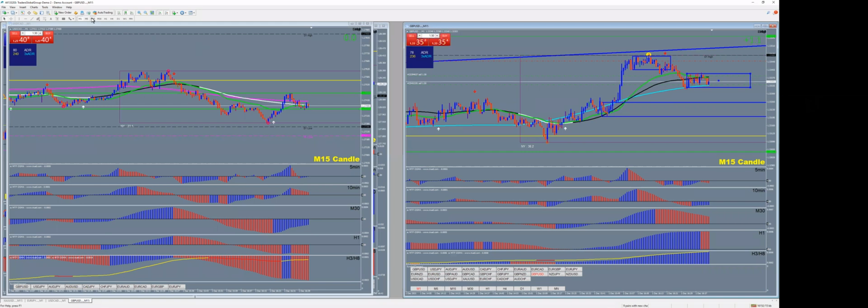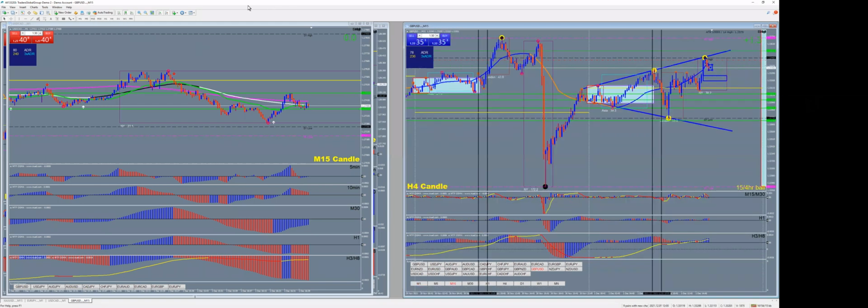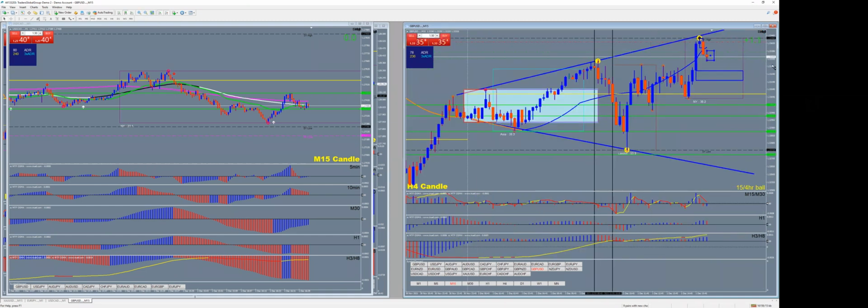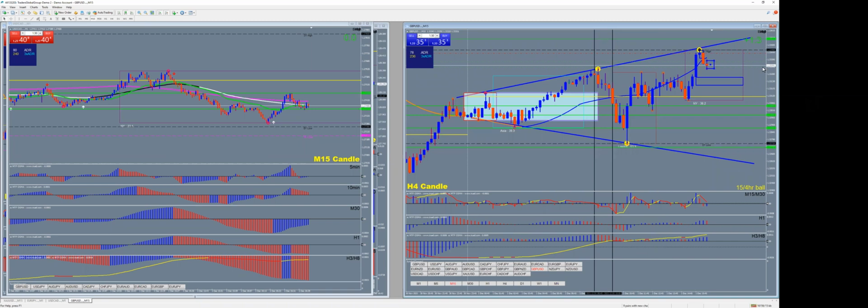What I was trying to show you was that this moved on. Trying to see how my 15 minutes forming, see if it's going to finish strong or not.